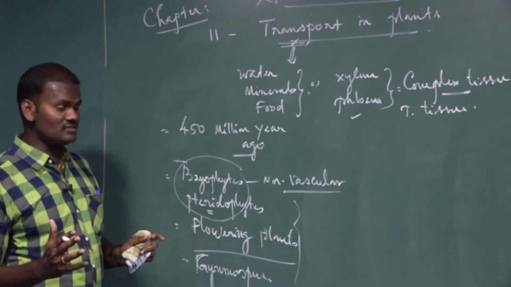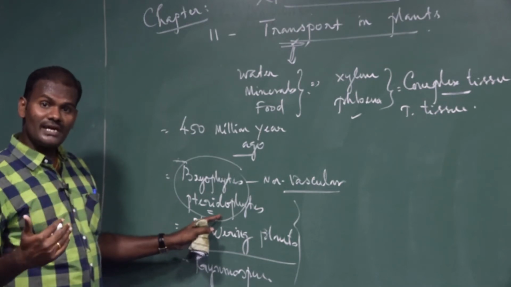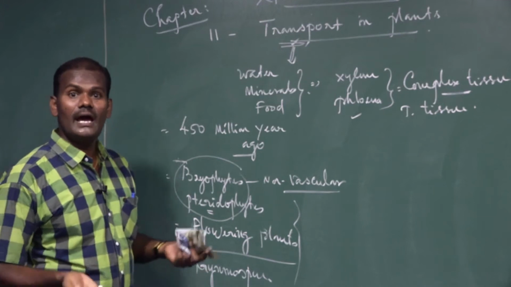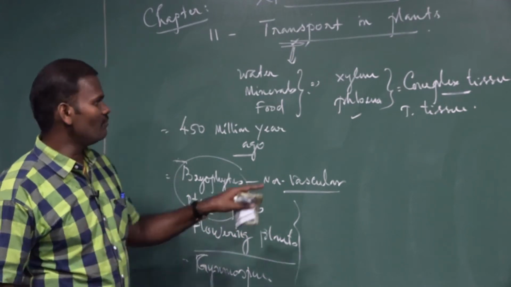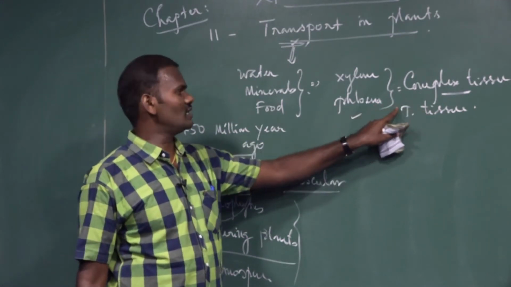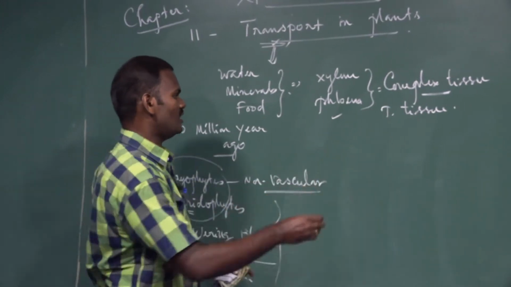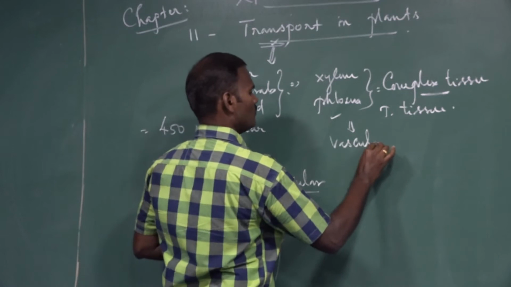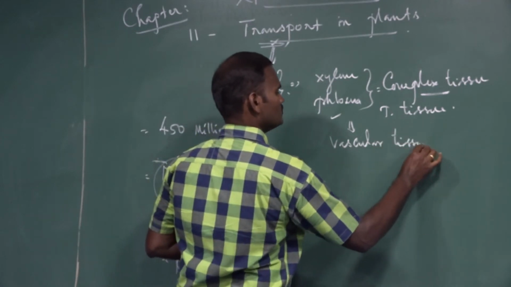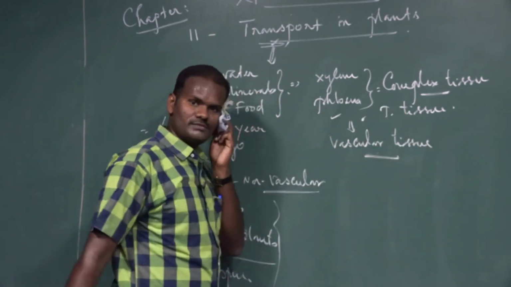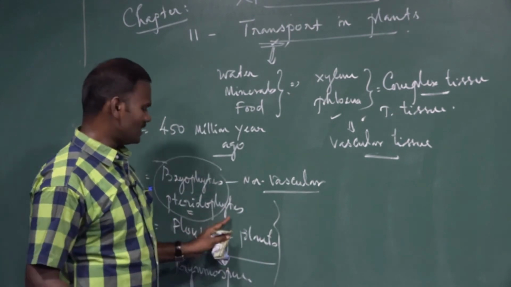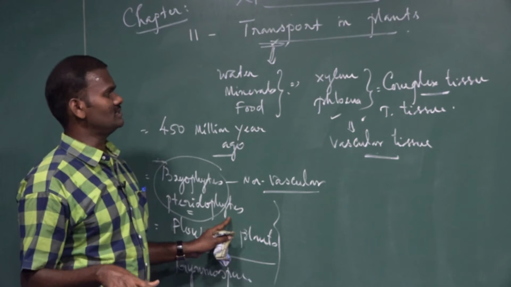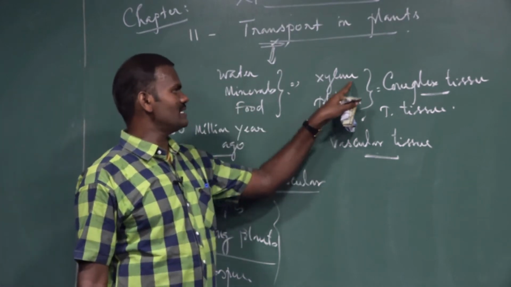But the rest of the plant species adapted themselves to their surroundings by developing special kinds of tissues called complex tissues, also called vascular tissues. Vascular tissues are nothing but xylem and phloem. This is how these plants adapted themselves to harsh environmental conditions by developing xylem and phloem.